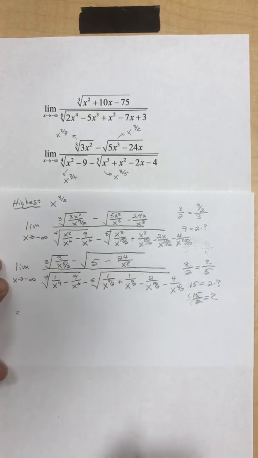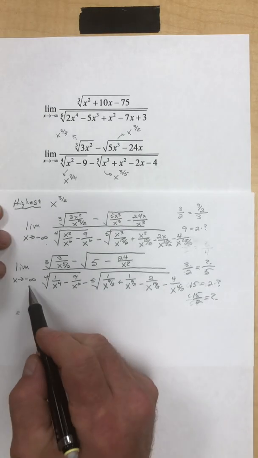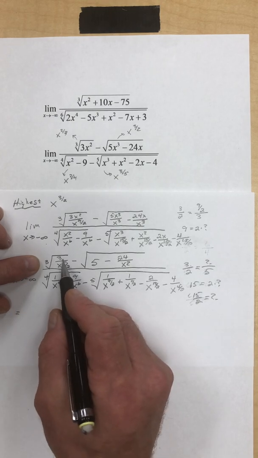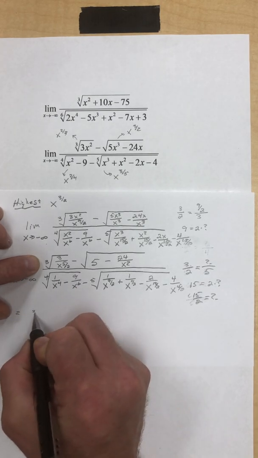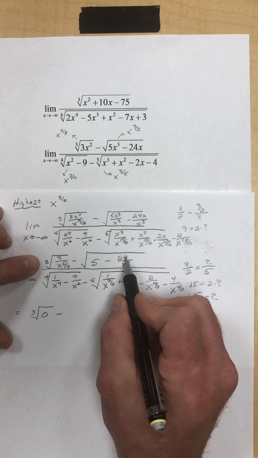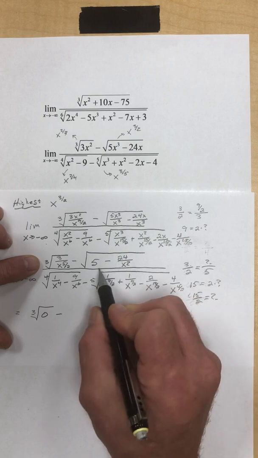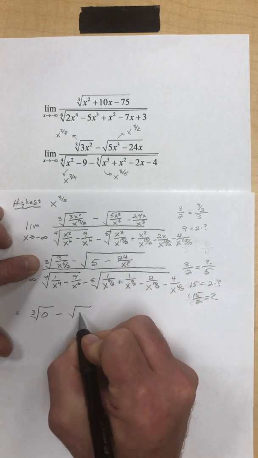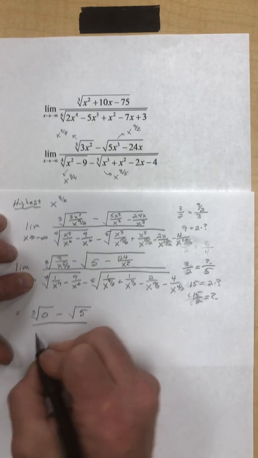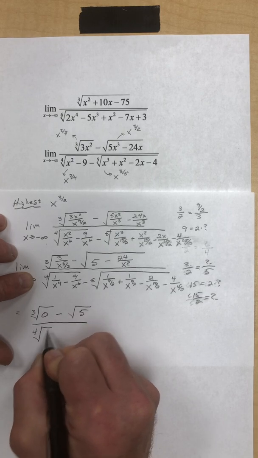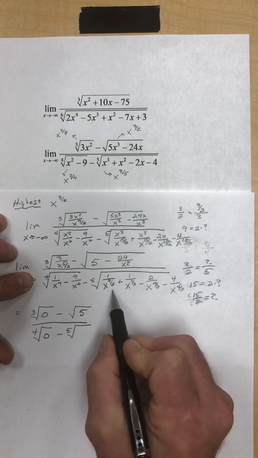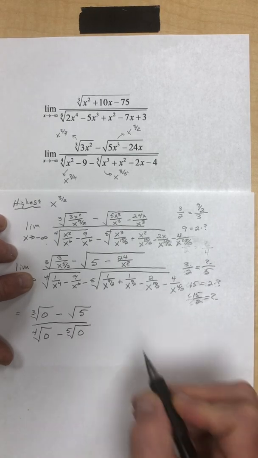Now that everything is simplified, I can figure out what happens as x approaches negative infinity. This radicand will go to 0, so I'll get the cubed root of 0 minus, this part of the radicand will go to 0, so I'd just be left with the square root of 5. Down here, both of these will go to 0, so I get the 4th root of 0 minus the 5th root of, and every single one of those is going to go to 0.